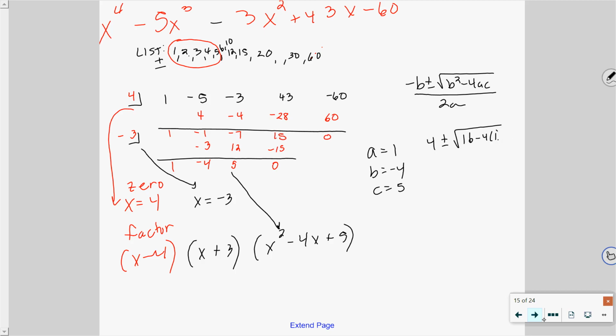What do you get under the radical? Negative what? -4. Right? So you get 4 plus or minus square root of -4 over 2.